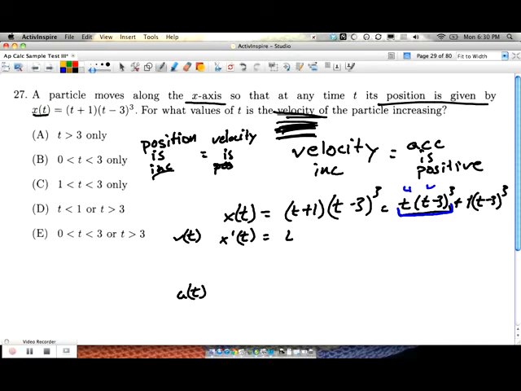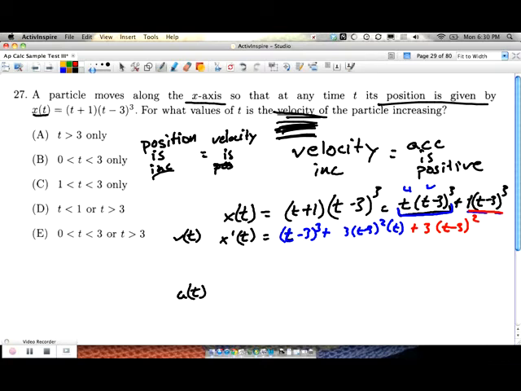It is going to be 1 times t minus 3 cubed plus the product of v prime, which is 3 times t minus 3 quantity squared, and the derivative of t is 1, so that's just 1 there, times t. And we got, of course, this one here, and the derivative of the second piece, which I'll color code in red. It's going to be a chain rule, so it's going to be plus 3 times t minus 3 to the second power.